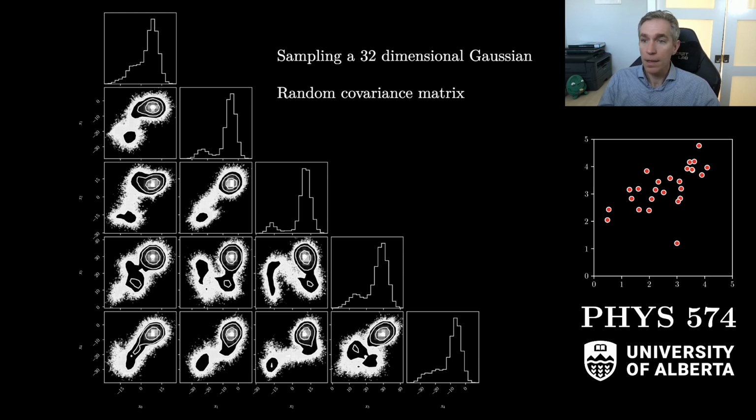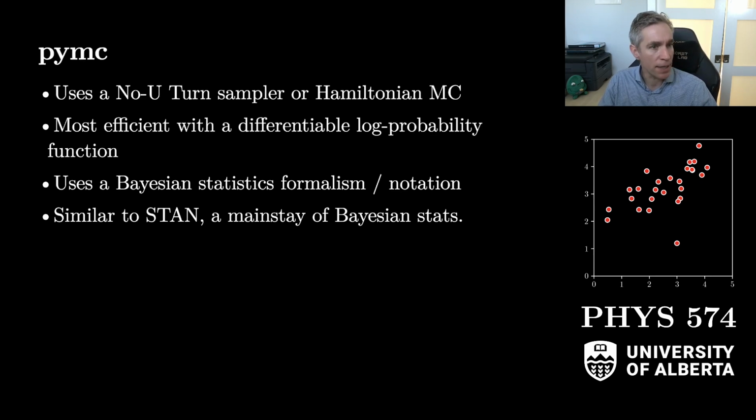Okay, now let's change gears and talk about another package called the PyMC package. This is a standard package that is much more stats focused and stats friendly, and it requires thinking and using the notation that the statisticians prefer, which is a little different than what we physicists really enjoy.